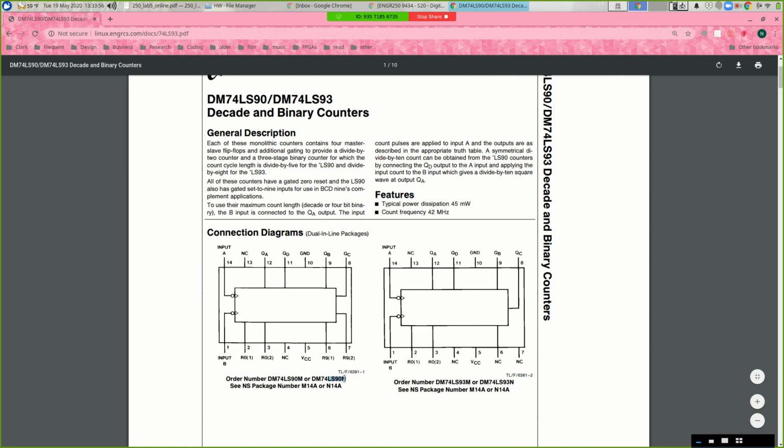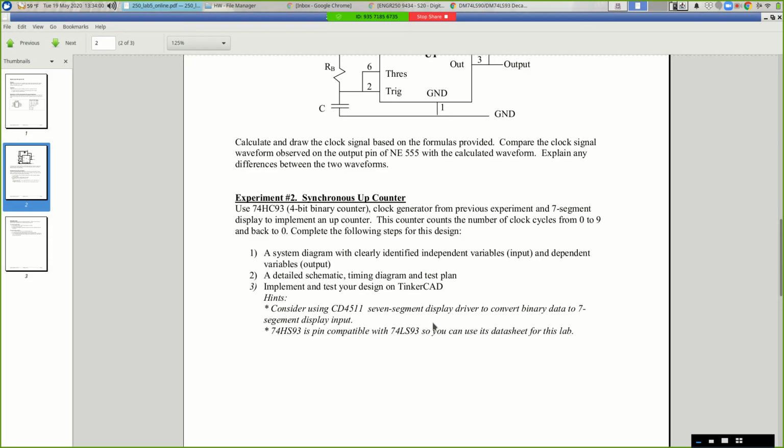This is the 7490, this is the 7493, so we want this one on the right. So using this, the clock generator from the previous experiment, and the 7-segment display, implement an up counter. So the counter should count from 0 to 9 and then back to 0. Alright, and definitely consider using the 4511 to convert the binary data to the 7-segment display.